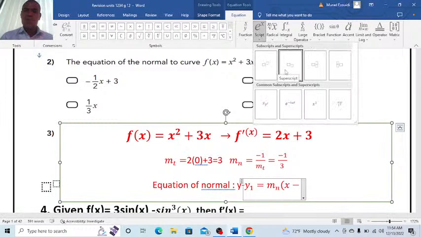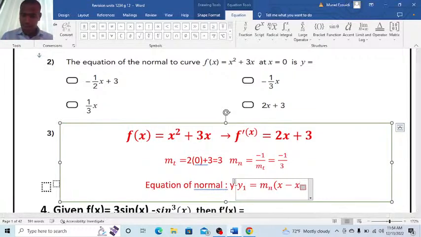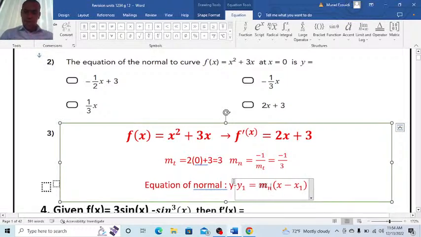This is the formula of the equation of the normal on the curve at x1 and y1. Then I close my parentheses. But you know that mn is equal to negative 1 over mt. I will change this by that. Okay, this is the formula.